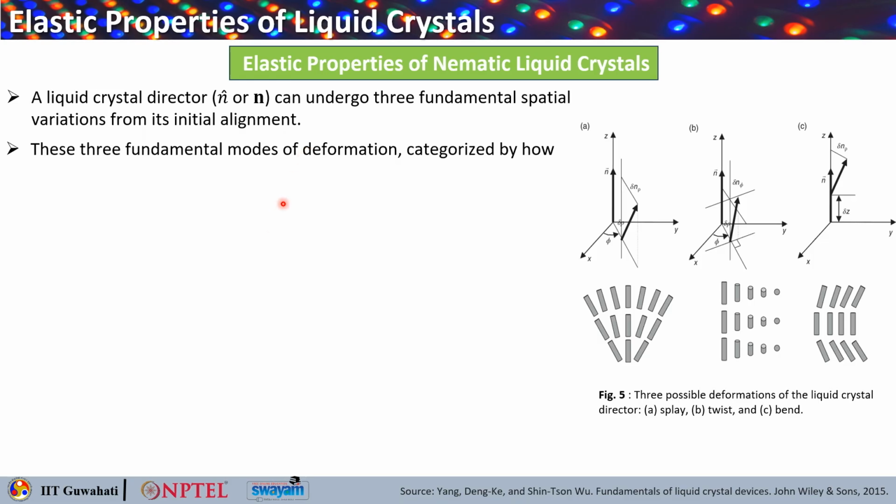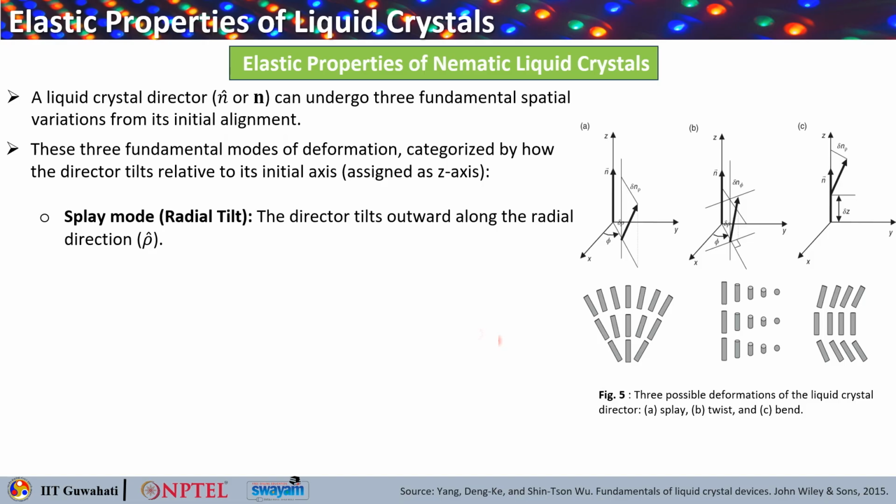These three fundamental forms of deformation can be characterized by how the director tilts with respect to its initial axis. The initial axis is always maintained as the z axis, but after that, how it changes is what matters.